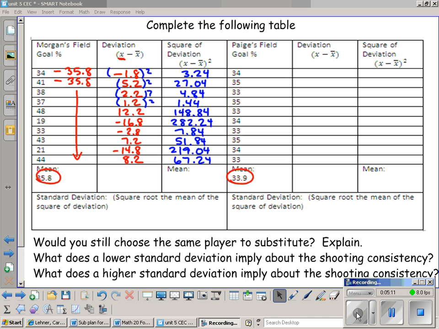So now that we've found the square of each of these deviations, we want to determine the mean of this column. So we're going to add up each of those values, and there are 10 of them, so we are going to end up dividing by 10.